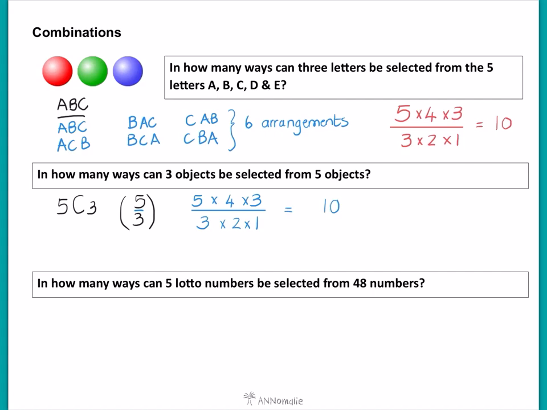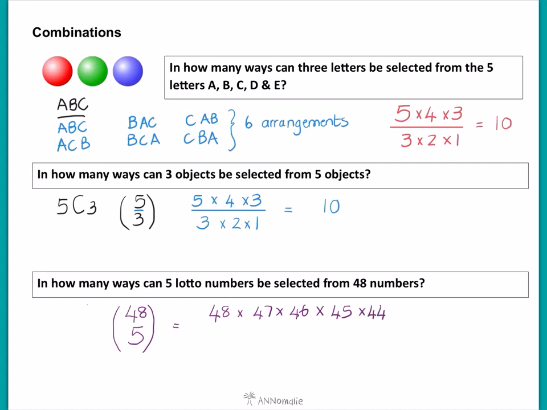Now, let's say in how many ways can 5 lotto numbers be selected from 48 numbers? So 48 choose 5. So at the top we will write 48 for the first position, then 47 times by 46, 45, 44.